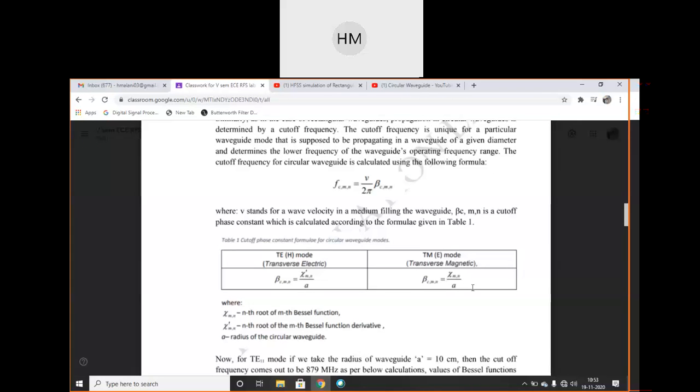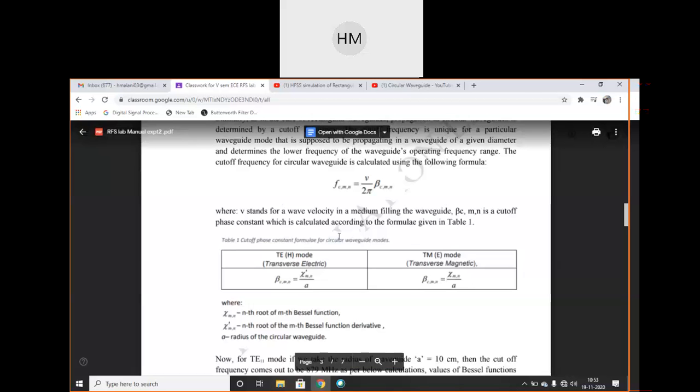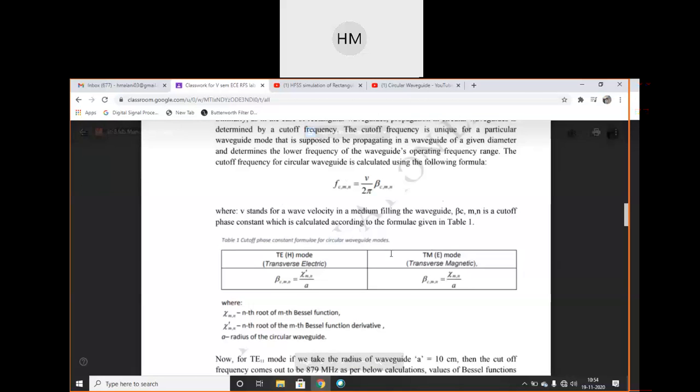A is the radius of the circular waveguide, which is the most important parameter because here you have to define the radius on which your cutoff frequency depends. Okay, other parameters, the length is not important. You can have any length of the circular waveguide. So now this formula should be written in your copy.